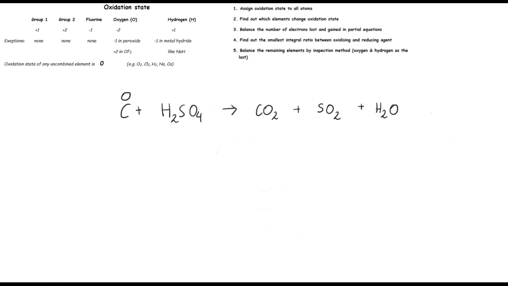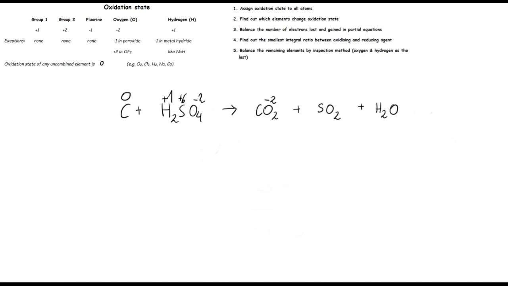We also learned how to calculate the oxidation states in more complex molecules, like sulfuric acid, for example. I'll just do it quickly here. We know that hydrogen is +1, oxygen is -2, 4 by -2 is -8, +2 is -6, so to balance -6, we need +6.